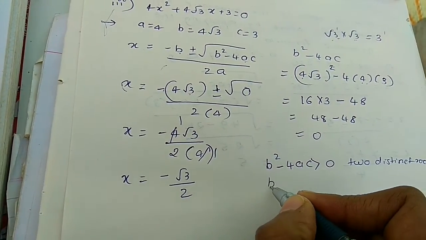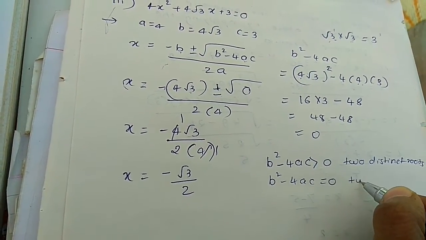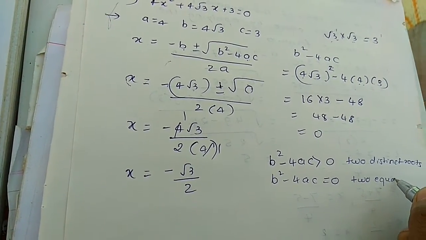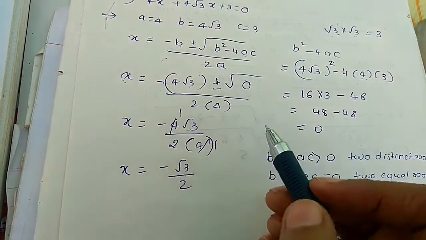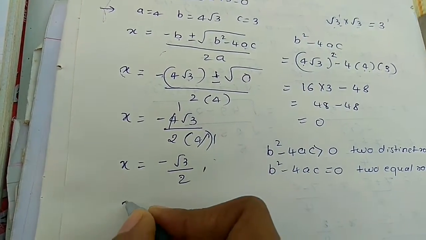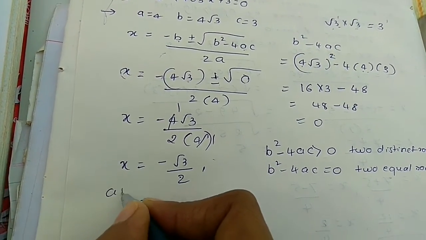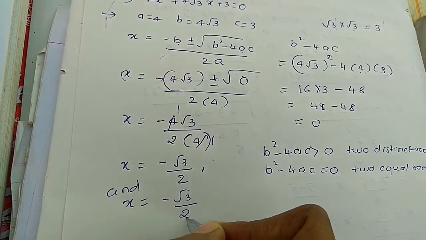If it is equal to 0, you get 2 equal roots. Remember, as it is 0, its square root will also be 0. So you will get 2 equal roots, again x equals minus root 3 upon 2.